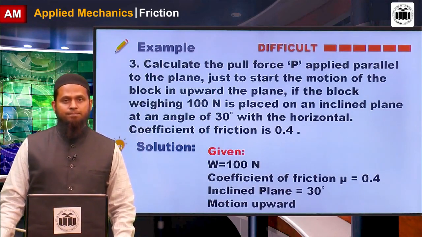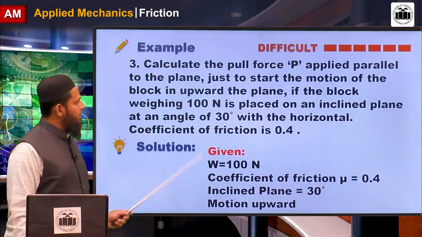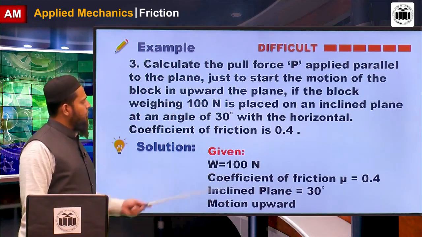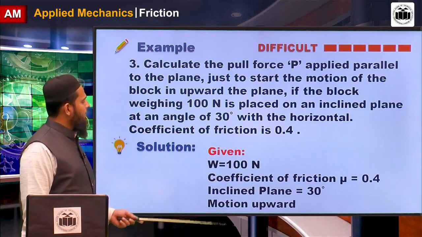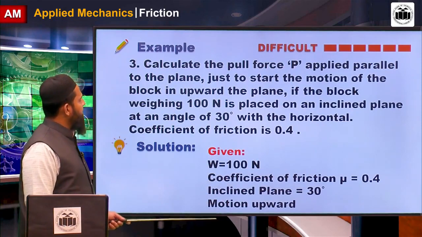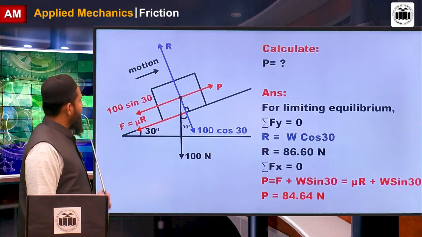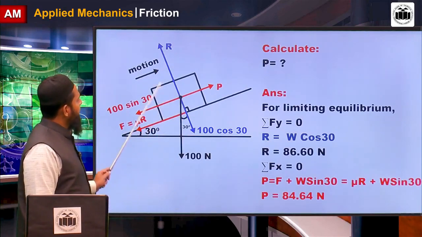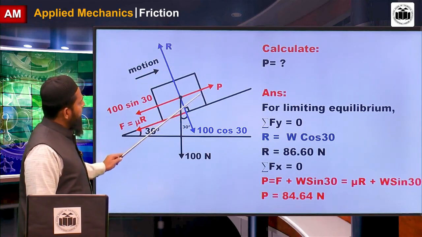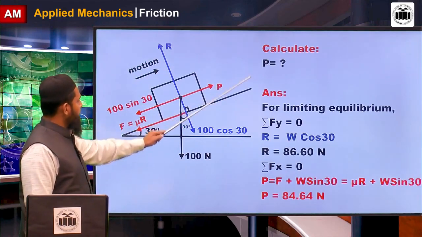Now the third problem. The same block of 100 Newton, the coefficient of friction is the same, the inclined plane is also the same, but to start the motion in the upward direction, draw the free body diagram. In this free body diagram, now the motion is along the direction of the pull.